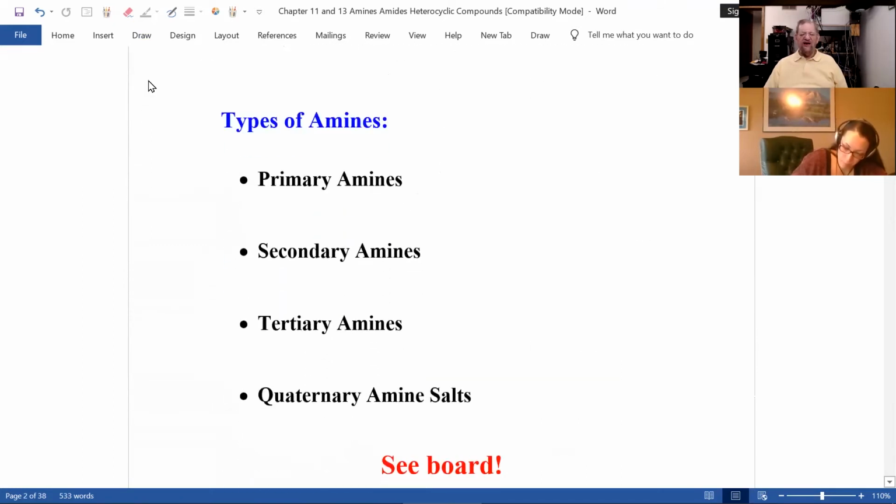All right, this slide is off, but I'll write it here. I'll use this terminology in class. If you replace one of the hydrogens, we call this a primary amine. I'll never ask this on a test.